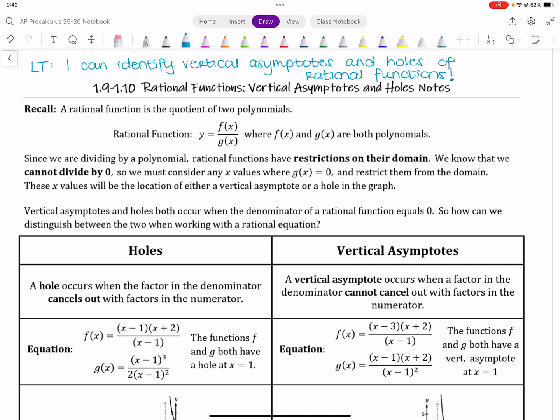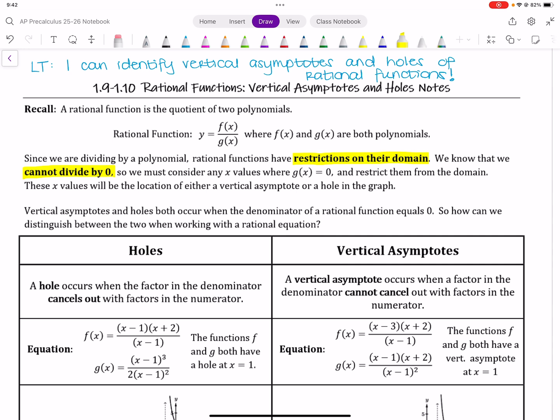And since we are dividing by a polynomial and have a variable in the denominator, rational functions have restrictions on their domain, meaning there are values of x we have to leave out. And that is because we cannot divide by 0. So any values where our denominator equals 0 have to be restricted from the domain.